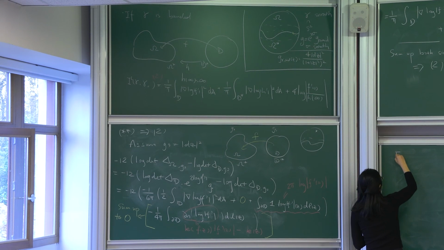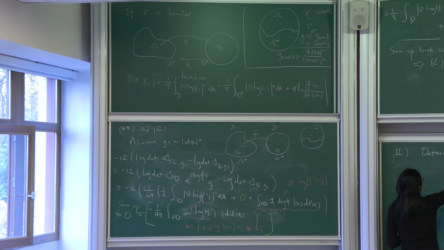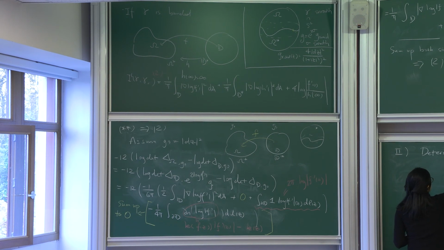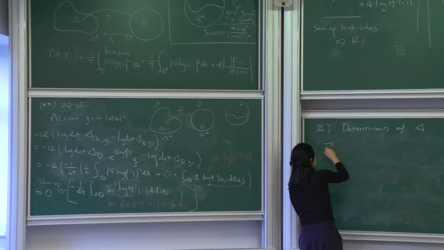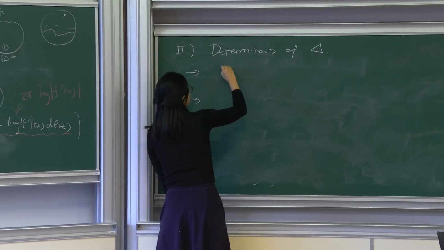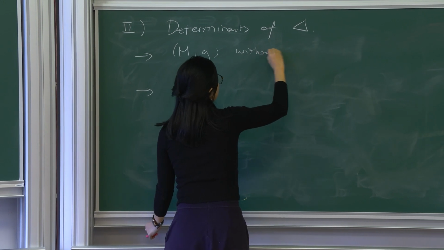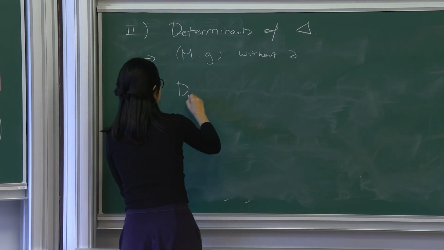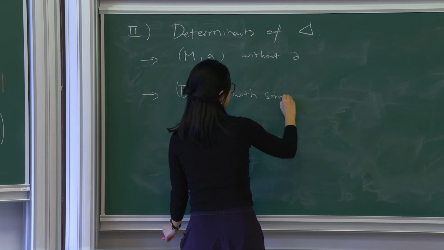Okay, so second part. So this determinants of Laplacian. Let's look at two cases. So again, always the case where you have a manifold M, G without boundary, and D, G with a smooth boundary.